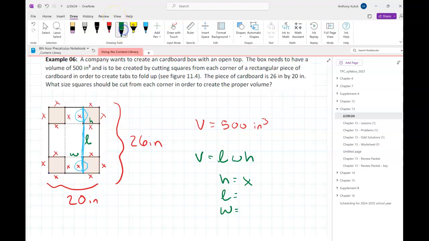So we should write this as 26 minus 2x. Very good. You guys see that? Okay, what's the width going to be then? 20 minus 2x. Great.